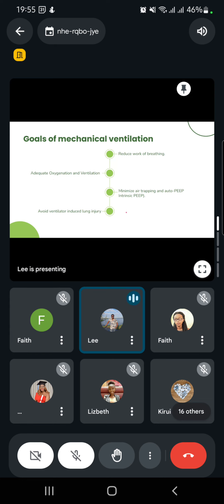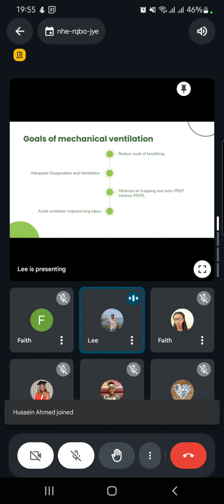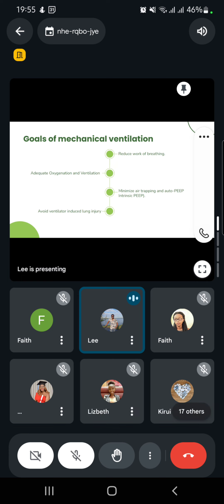This is when, like Dr. Faith has mentioned, PEEP is that positive end expiratory pressure, the pressure that's left there at the end of your exhalation. Because you're getting a narrowed airway, you're getting poorer ventilation, and the passive process of expiration does not necessarily account for the narrowed airway, because you're not able to ventilate and get oxygen in and CO2 out as easily.